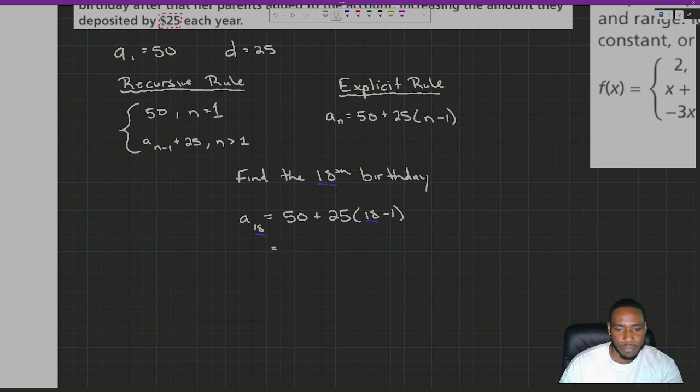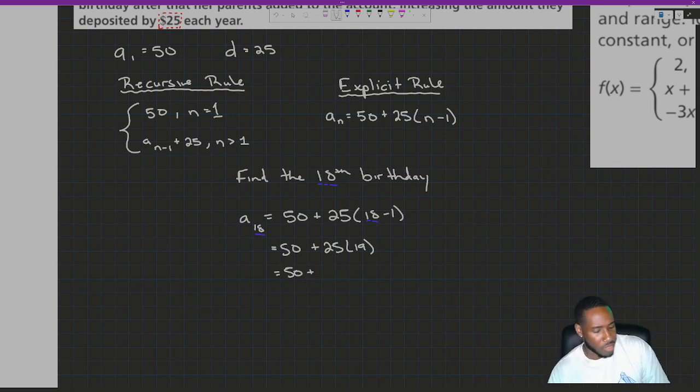50 plus 25 times 19. It's going to equal 50 plus 25 times 10 is 250. 25 times 20 is 500. And then take away 25, so we should have 475.